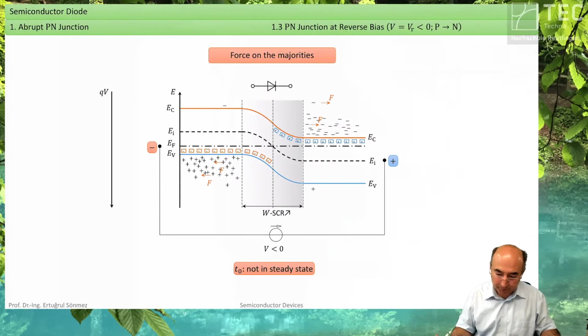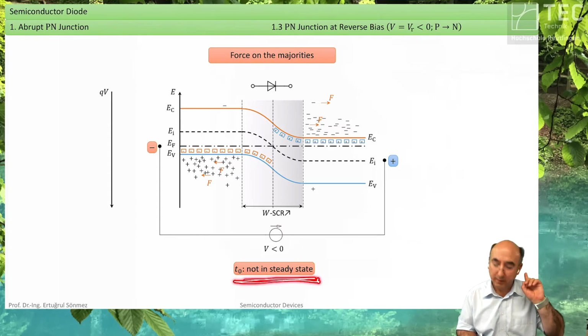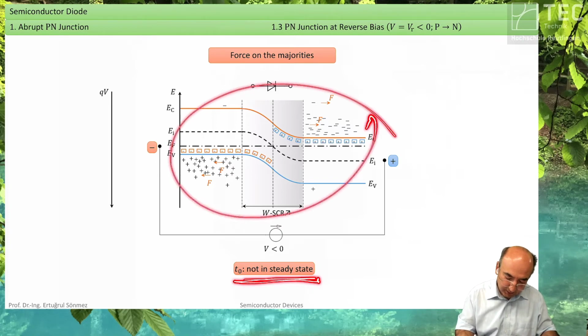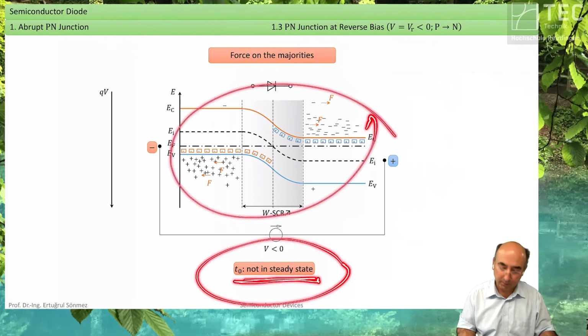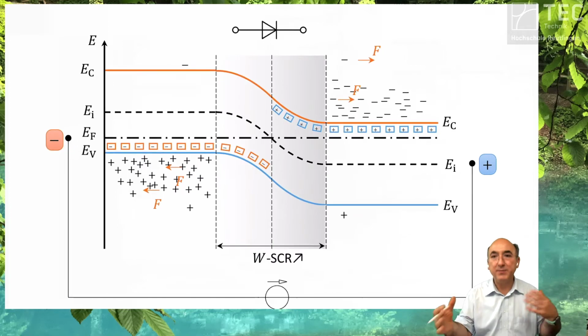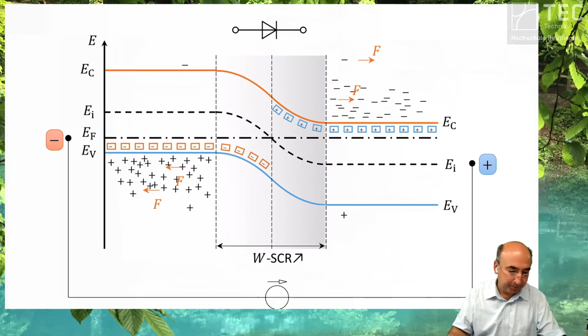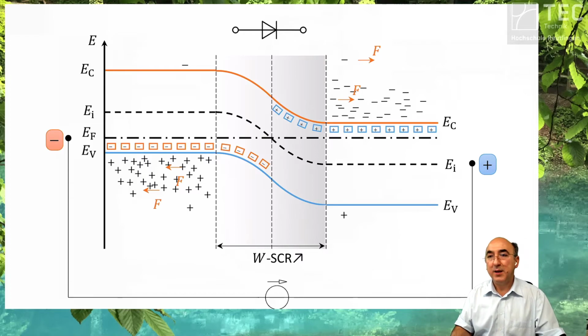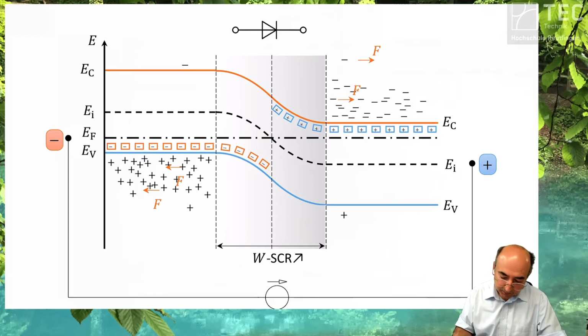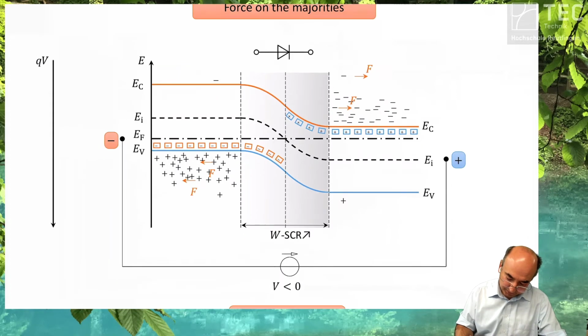Okay, let's continue. What happens if we apply voltage? First, reverse bias. If we reverse bias, we are not in steady state. So this diagram is not in steady state. I just want to give you a heuristic explanation.